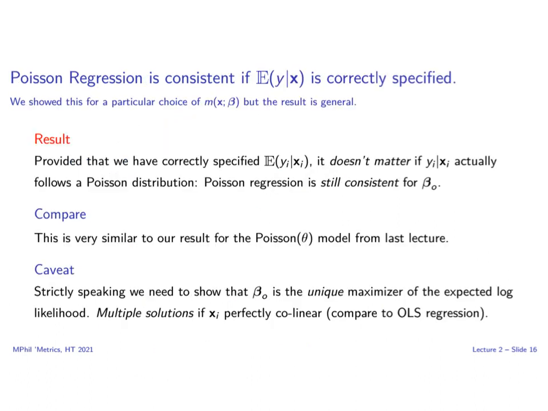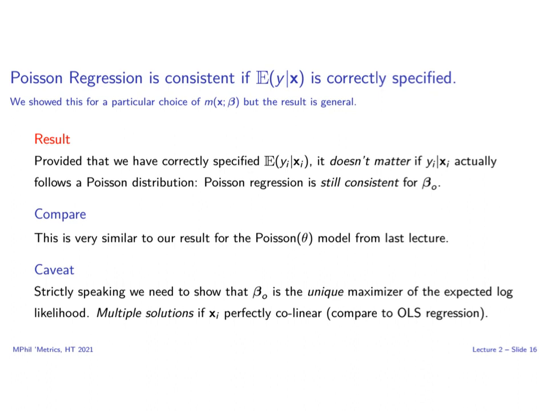Another way of saying this is that Poisson regression is consistent as long as the conditional mean of y given x is correctly specified. And while we showed this for a particular choice of m, namely e, the result is general. So, provided that we have correctly specified the conditional mean of y given x, it doesn't actually matter if y given x follows a Poisson distribution.